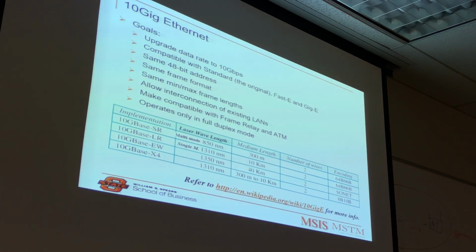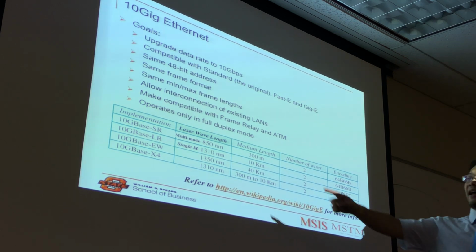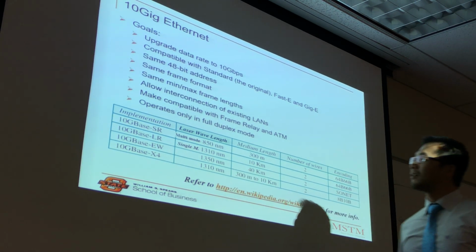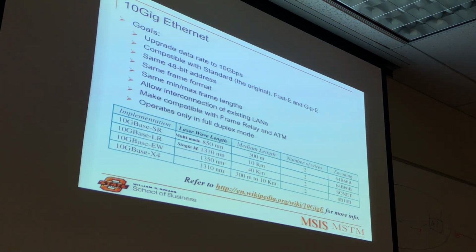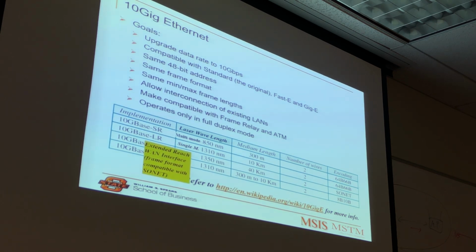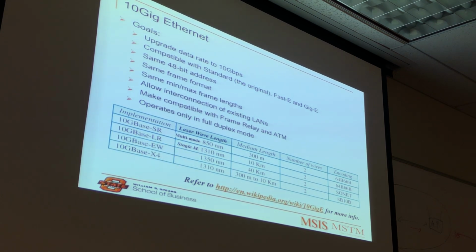For 10 gig, mostly fiber, and here S, L, E stand for short wavelength or short range, L for long range, and extended range. Depending on which implementation standard you want to use, you will have to choose different fiber optic cables.